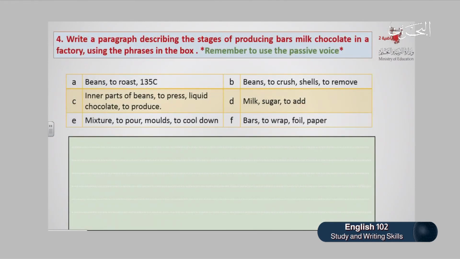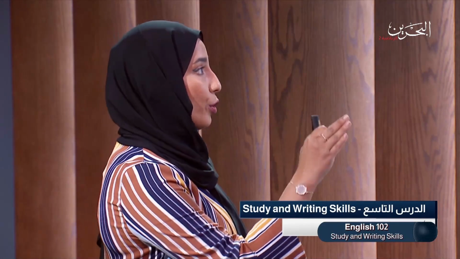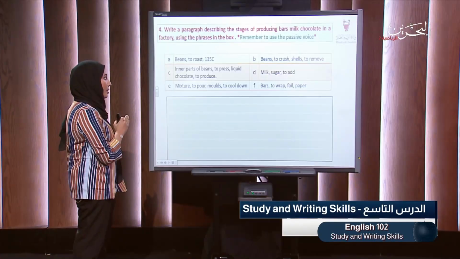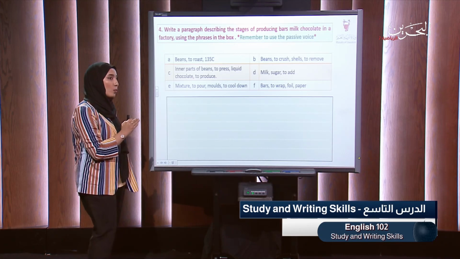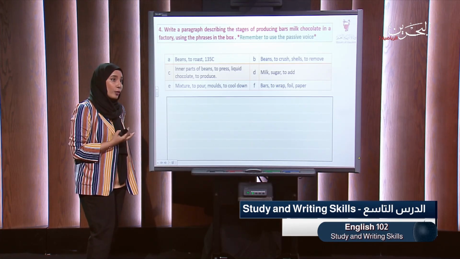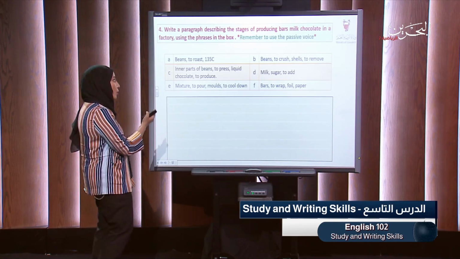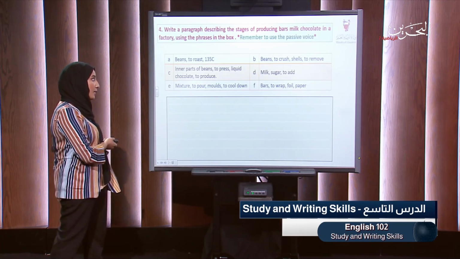Now, in a similar way, I want you to reorder these phrases and write them in chronological order. I want you to write a paragraph using the chronological order which was just presented here.